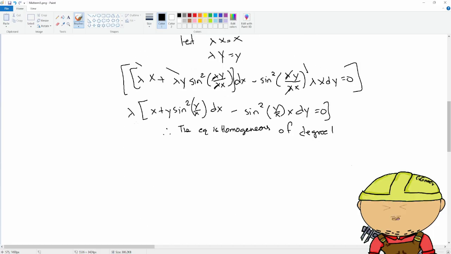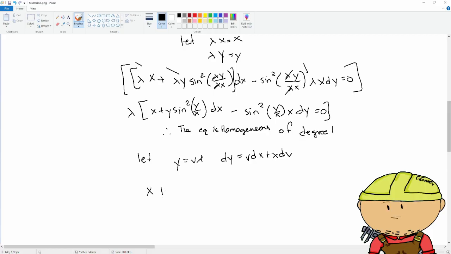For the solving, we proceed as follows. Let y equal vx, the same as the other one. Then dy is equal to v dx plus x dv, where v is a variable.